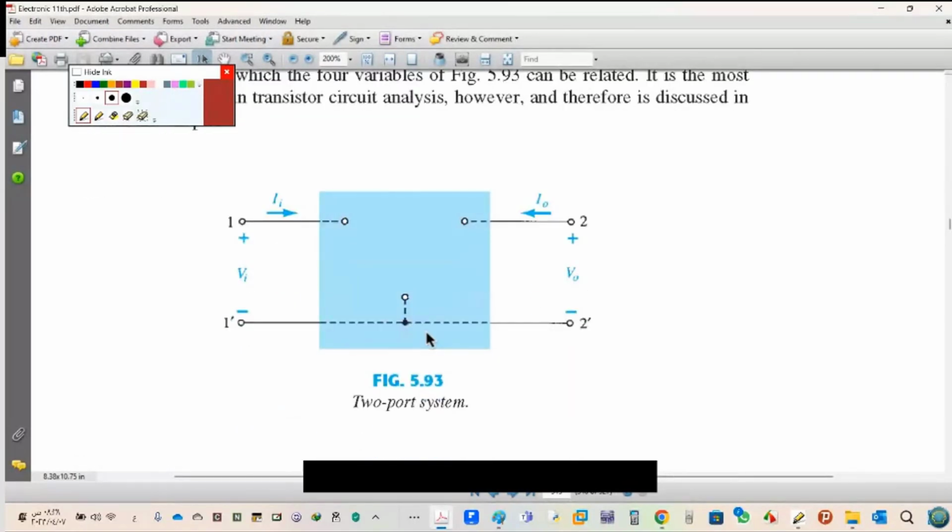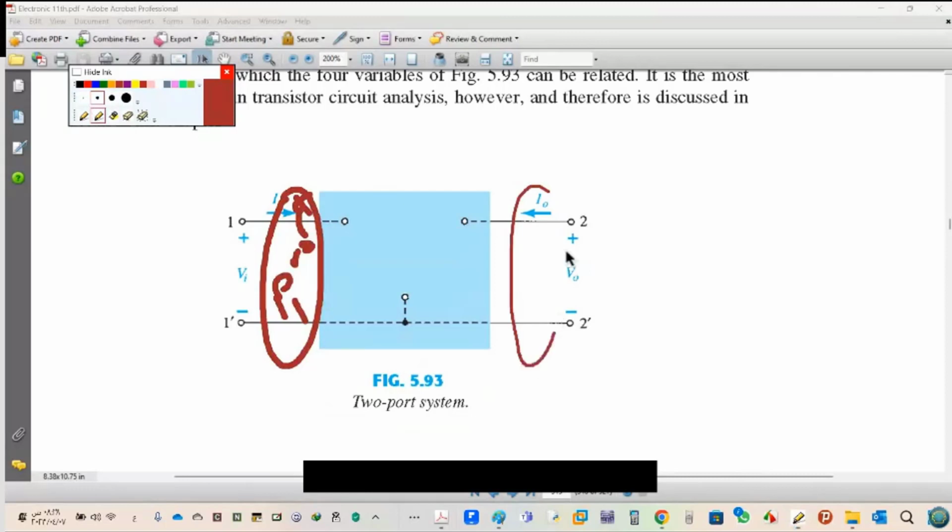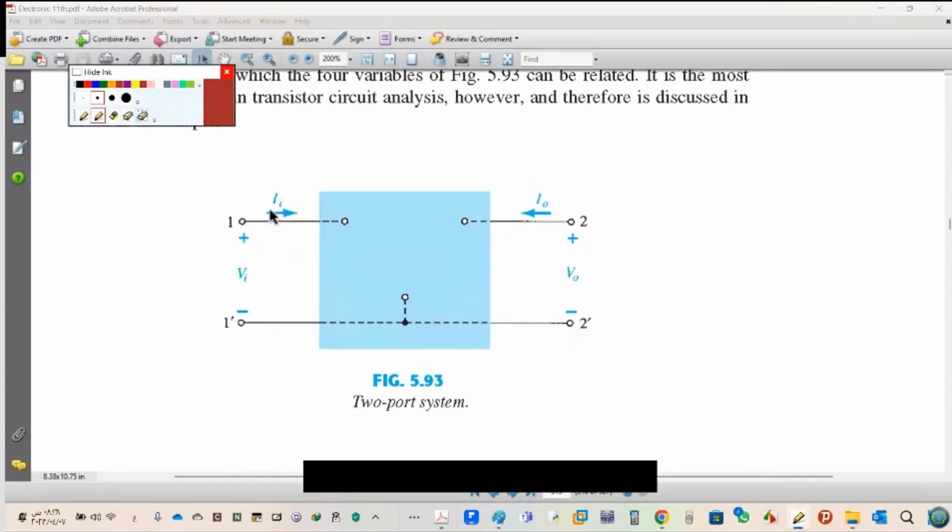For any circuit, we can say the circuit has two ports. This is port 1, this is port 2. Usually Ii is input, Io is output also.